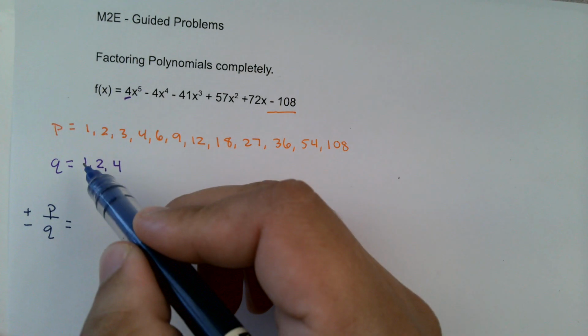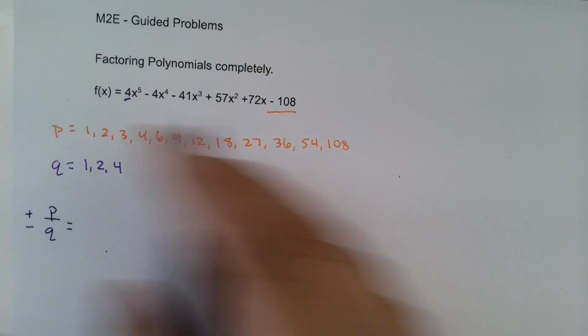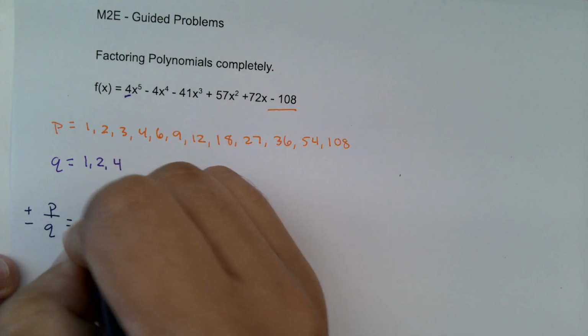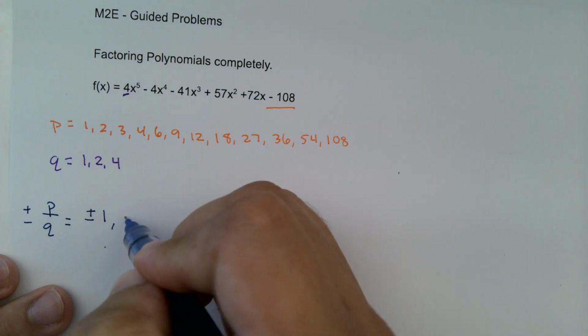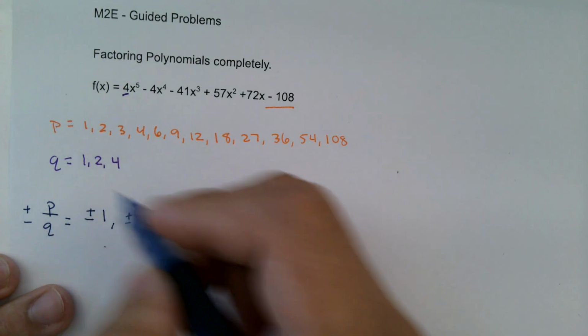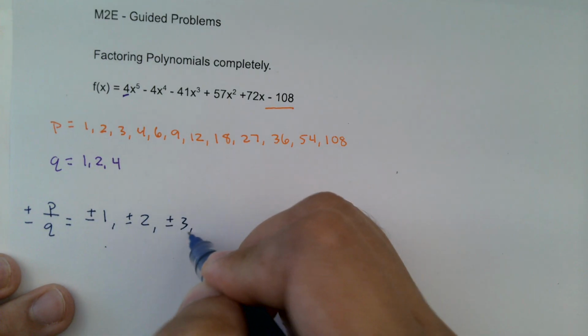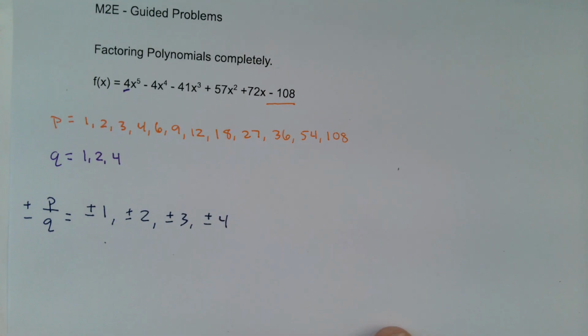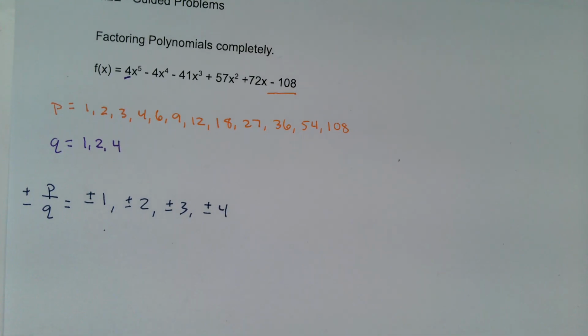Pick a P value, divide it by a Q value. Let's pick some of the whole numbers first. So plus or minus 1, plus or minus 2, plus or minus 3, plus or minus 4. Let's start there. I'm not going to write out the whole list, but let's start there. Maybe we don't need more. Maybe we do.